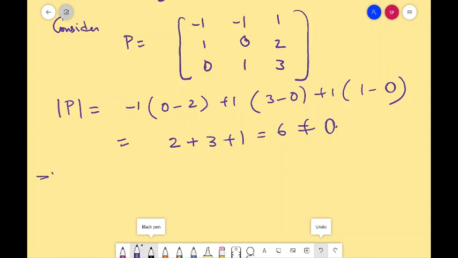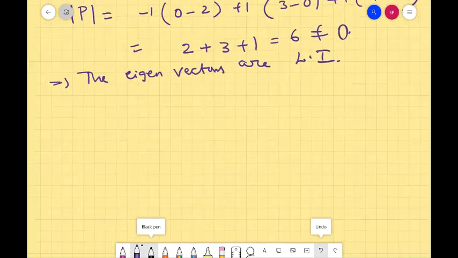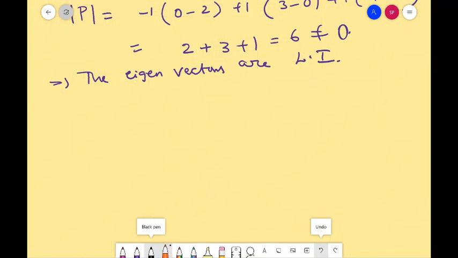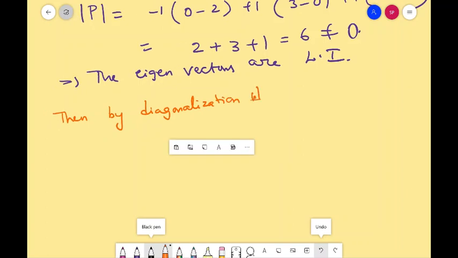That implies the eigenvectors are linearly independent. If they are linearly independent, then by diagonalization theorem, A is diagonalizable.